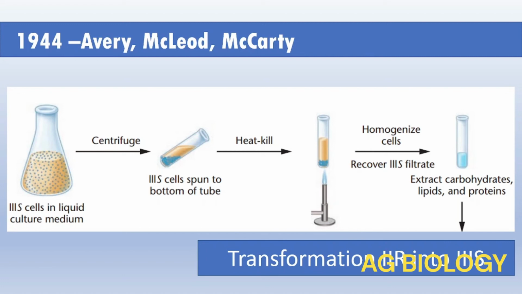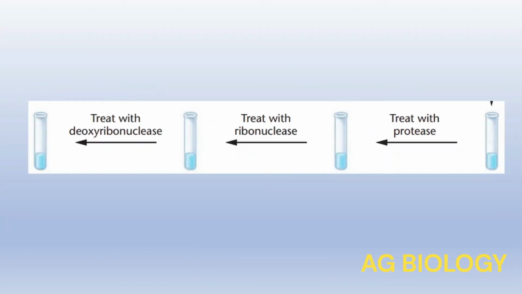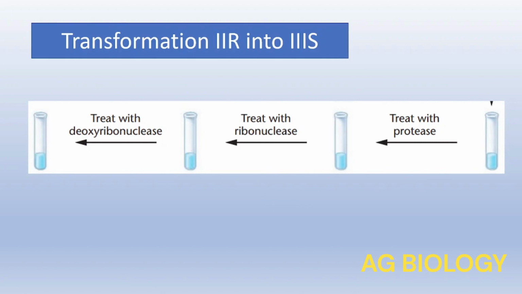To eliminate all probable contaminations, the product was treated with proteolytic enzymes such as chymotrypsin, trypsin, and ribonucleases or RNases. This ruled out the possibility of protein or RNA in the filtrate. Even then, the transforming ability still remained.